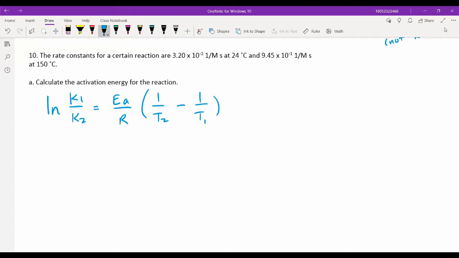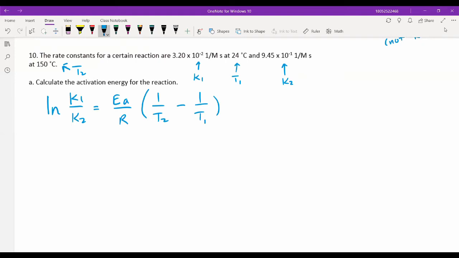So it's a pretty simple kind of problem. You'll find these where you can say, here's the rate constant at some temperature, and here's another rate constant at another temperature, call it T2. It doesn't really matter which one's T1 or T2, as long as you have the appropriate rate constant that goes with that. And the temperatures have to be in Kelvin. That's important. Then it's just plugging in.